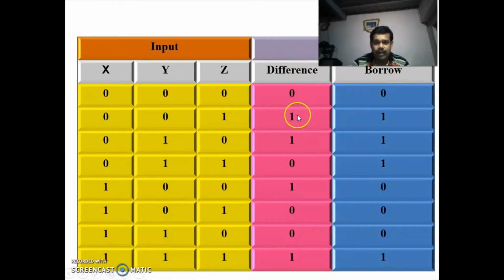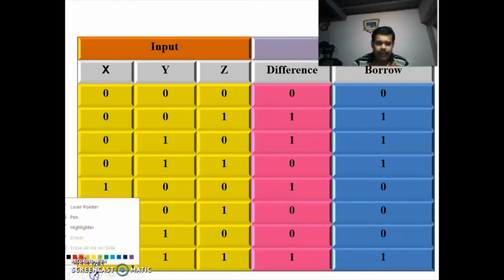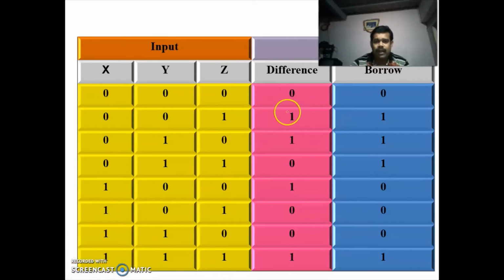So for difference, we are having ones in the places 1, 2, 4, 7, and for borrow you are having ones in 1, 2, 3, 7.